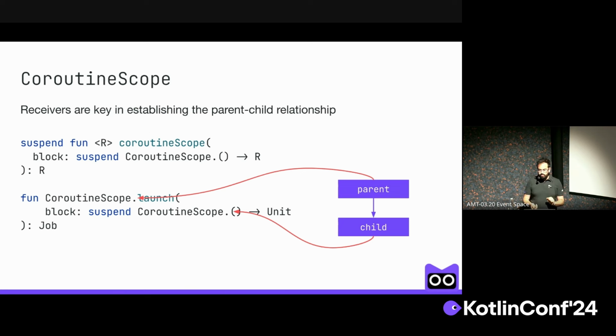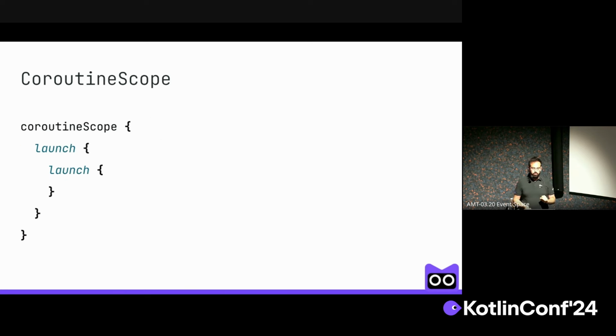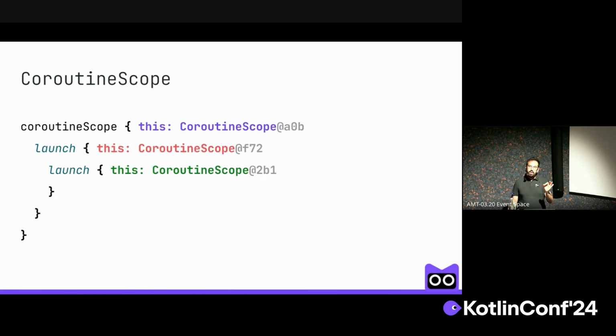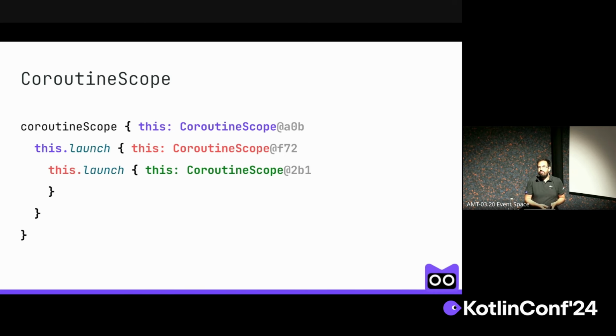So let's maybe look at it more clearly with some actual code. So here we have some coroutine scope, and inside we have launch, and inside we launch, right? So if we now make explicit what these receivers are, and I'm doing this kind of like how IntelliJ would do it, but with a bit of color, then we can rewrite and see that there are different this.